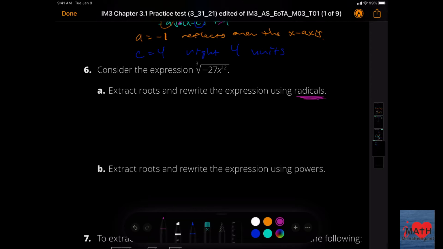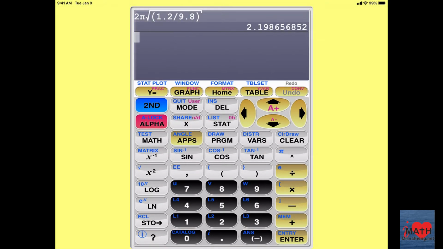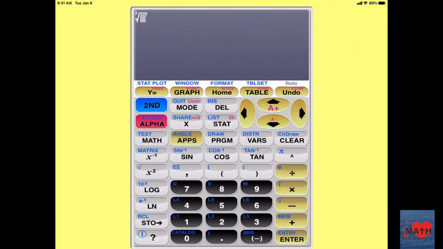Now, how can you write negative 27? When you multiply that number by itself 3 times, it gives you negative 27. Well, here's the neat thing. I'll show you in the calculator, but in mine you have to go to math on the left side, and then you're looking at number 4.